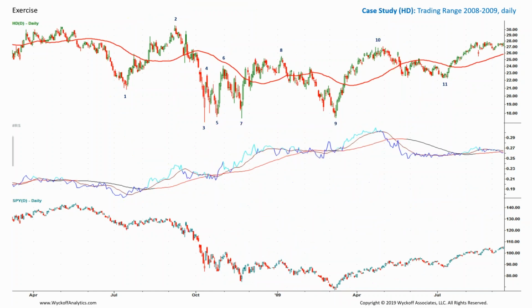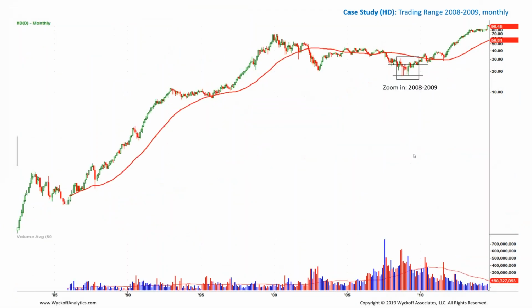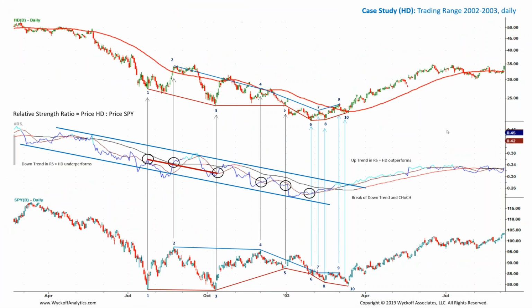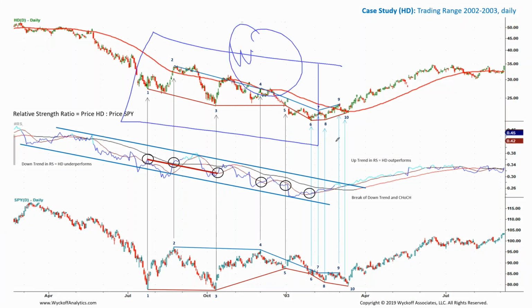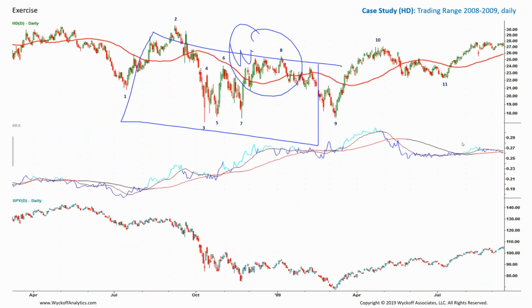Right? Let's look at that again. In this area right here, everything was weak. In this area right here, everything is strong.